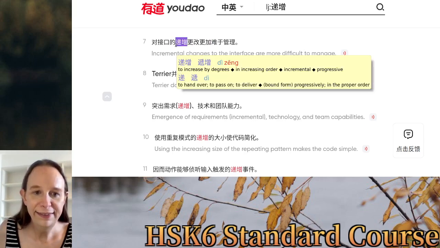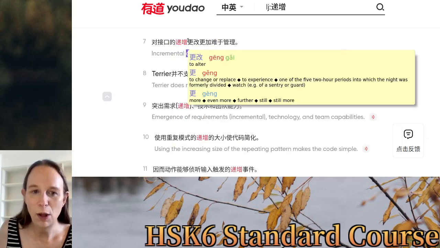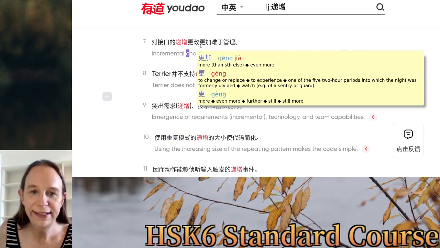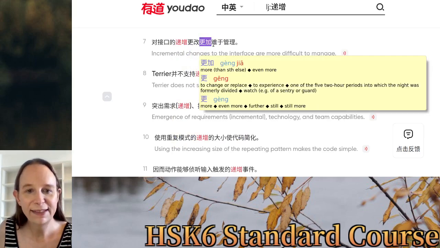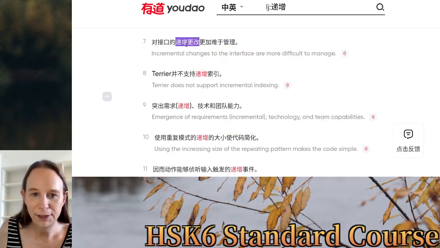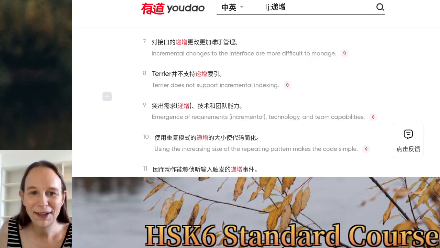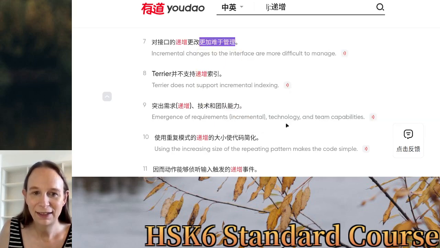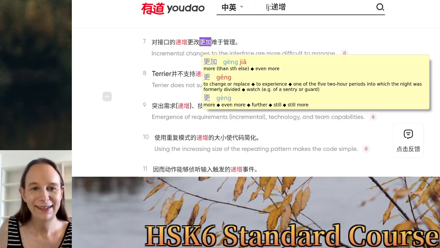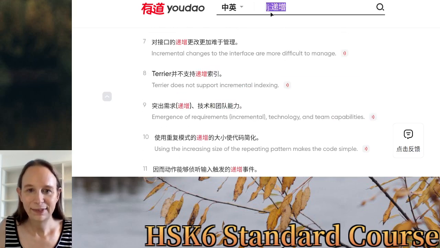All right, so I think all this comes together, right? So incremental 更改, alterations. Oh no, maybe it's 更加难以管理. Okay, this one. Incremental alterations or incremental changes, 更加, even more difficult to manage. Yeah, all right. Okay, 递增.